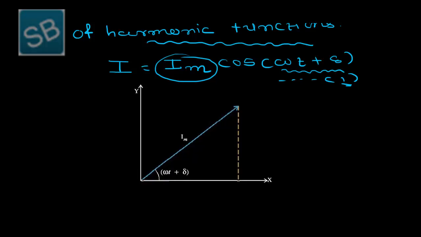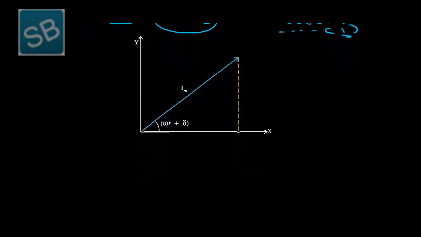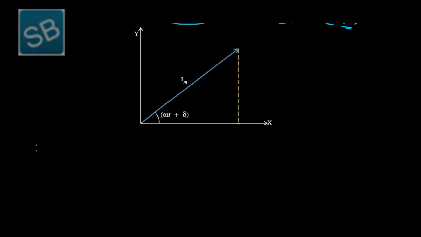Now some observations which you can make from this graph. The first observation is that the phase omega t plus delta, and here the delta is nothing but the phase difference, is changing with time.